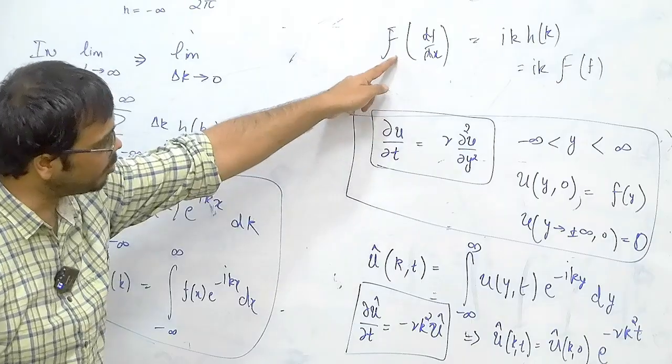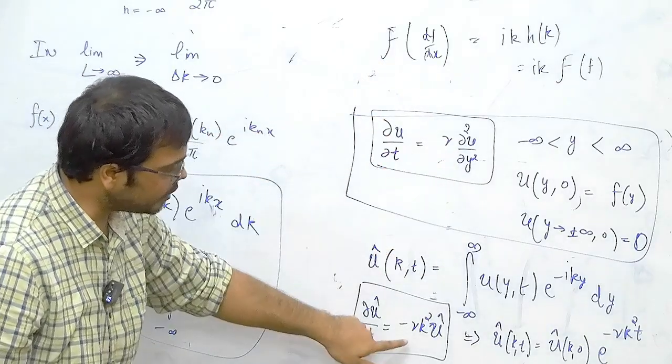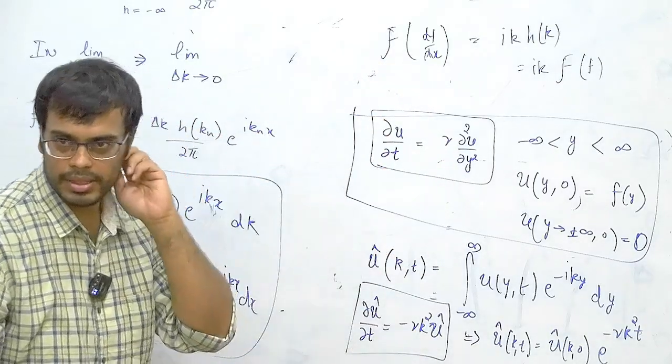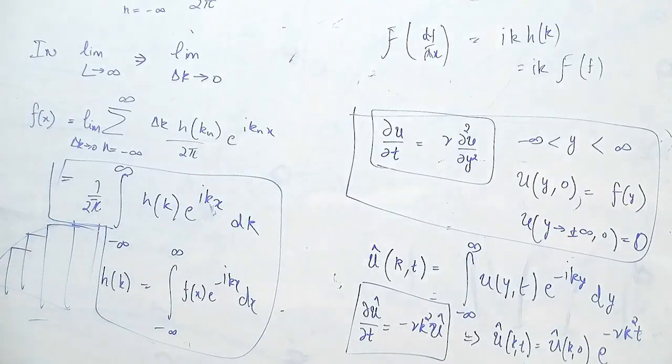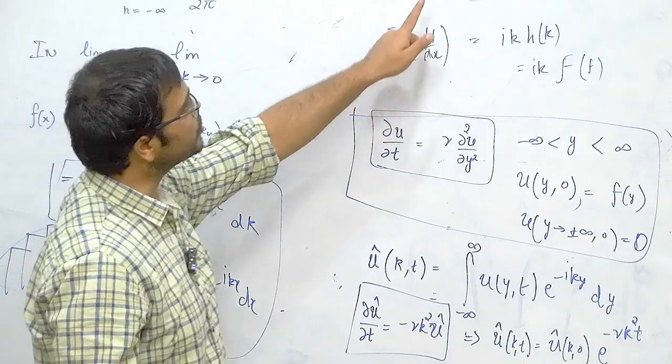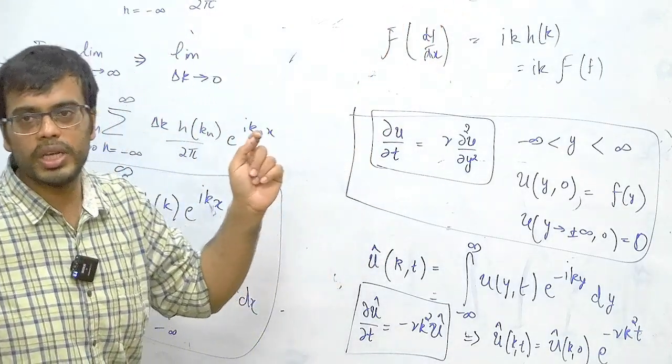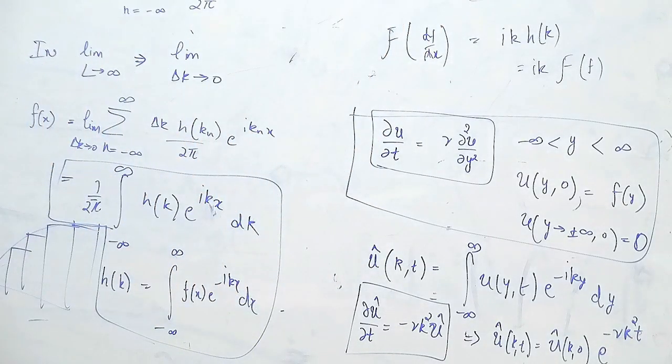Just by this property, we converted this second derivative into a simple algebraic expression. But notice that you can use this Fourier transform definition only when your domain is fully infinite, not even semi-infinite, it has to be fully infinite. If you take a semi-infinite domain, then you may have to do some tricks of extending the function for y less than 0 and then taking the Fourier transform.